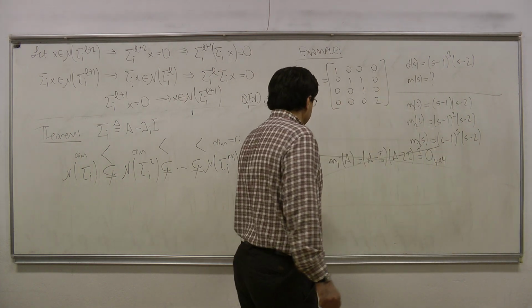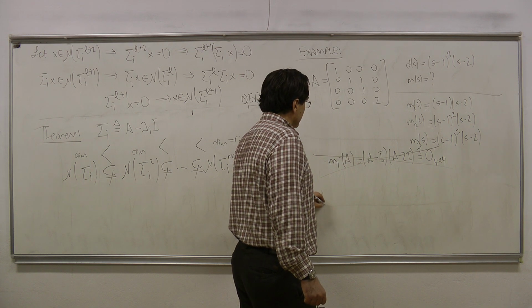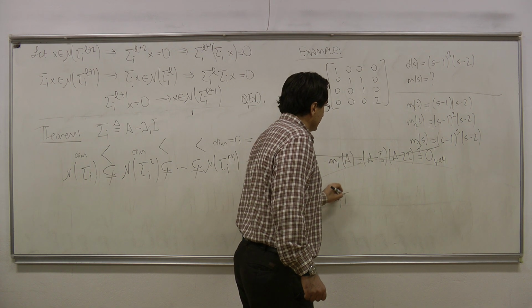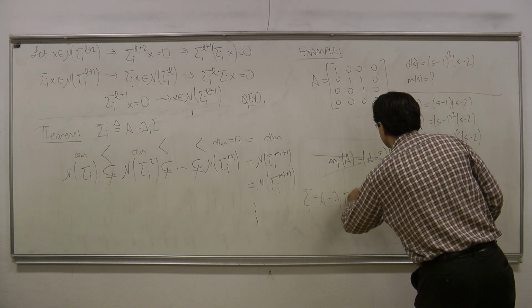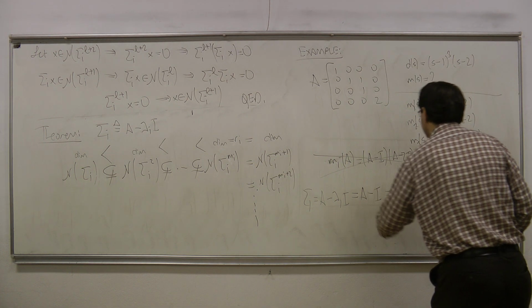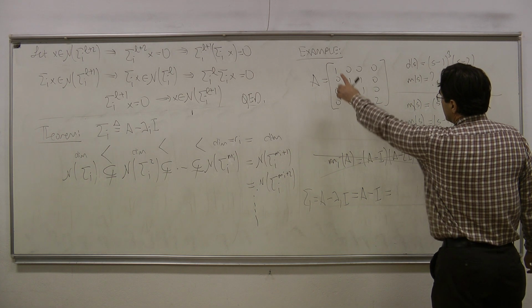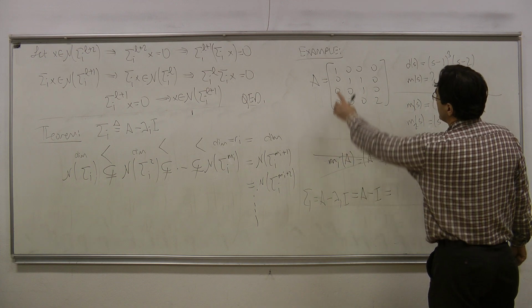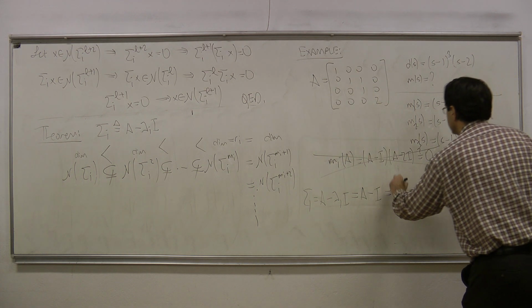So I will look at the matrix sigma 1. Sigma 1 is equal to A minus lambda 1 identity. And lambda 1 is 1, so this is A minus identity. In order to calculate A minus identity, I will subtract 1 from the main diagonal here.